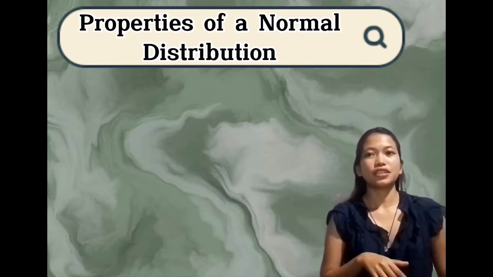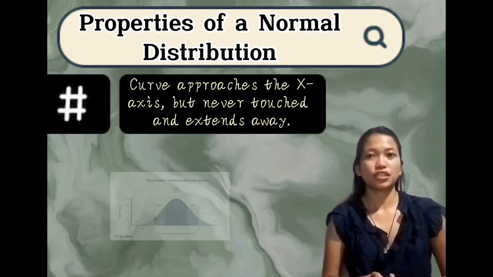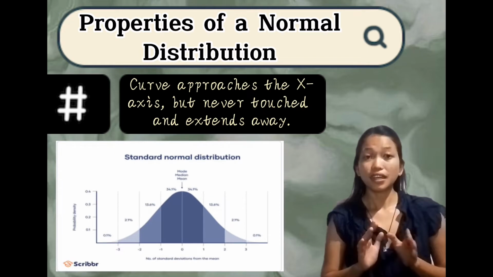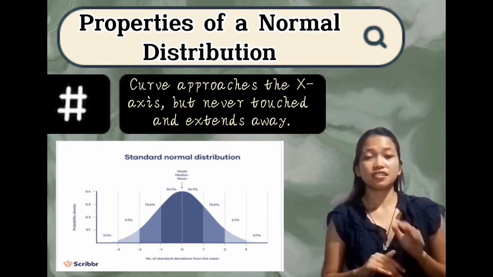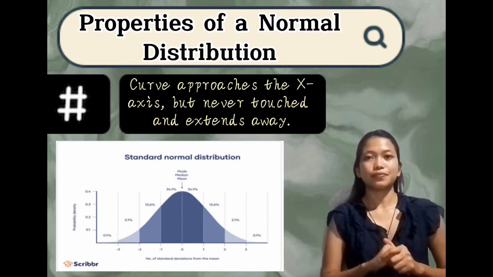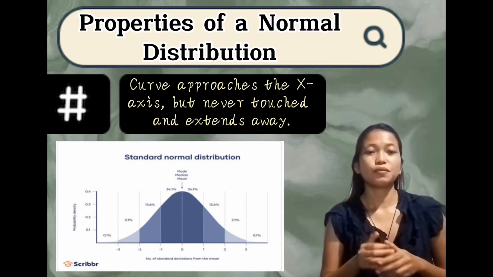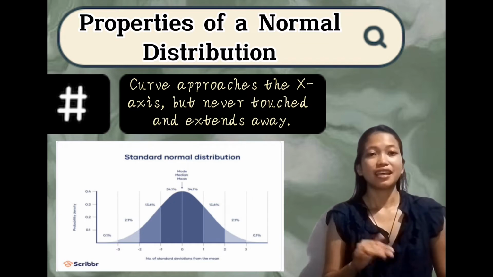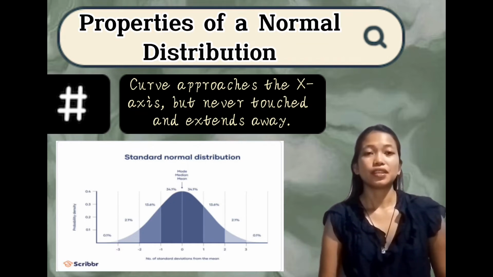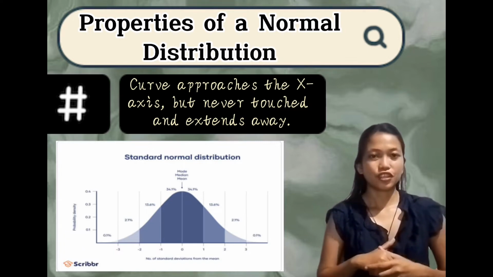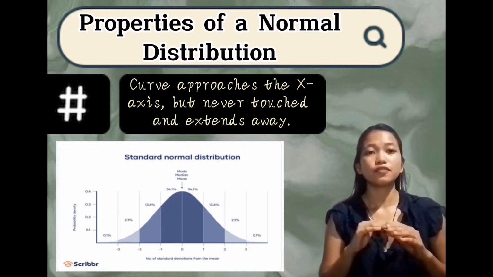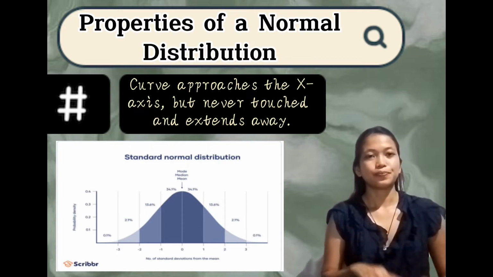And the last property is the curve approaches the x-axis but never touches it, and it extends farther away from the mean. It is mentioned in the previous property that the area under the curve should be equal to 1, for the reason that the graph should not fall under the x-axis.